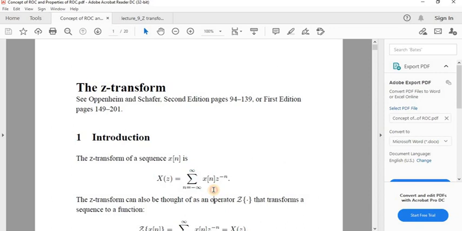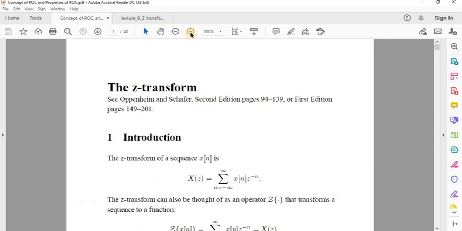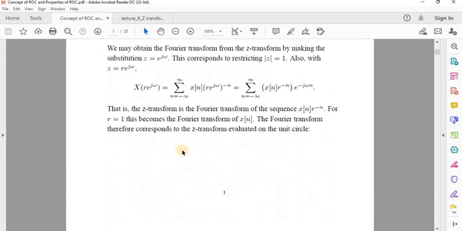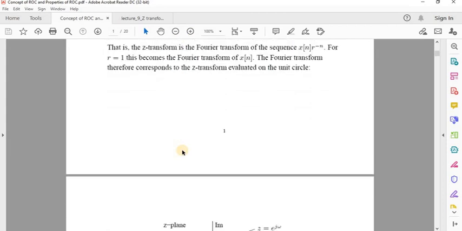In the last lecture we have solved 7 problems without ROC. So in today's lecture we are going to solve the remaining problems with region of convergence plotting. So we will start with the region of convergence.